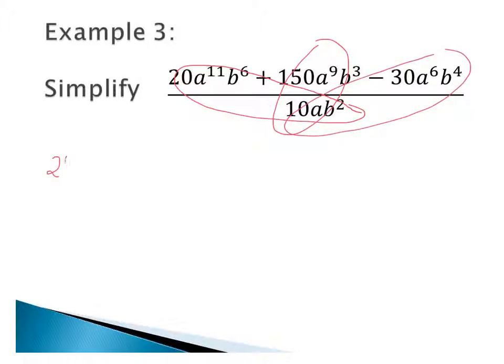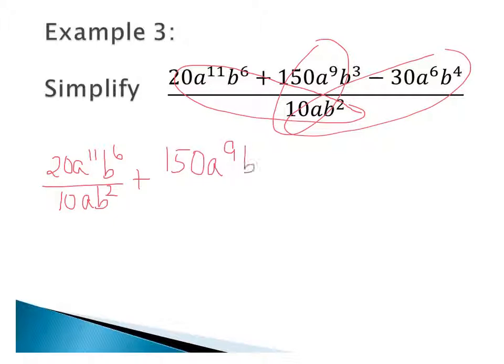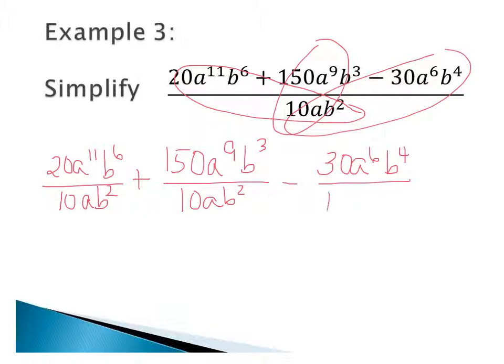We will have 20a to the 11th b to the 6th over 10ab squared, and then plus 150a to the 9th b to the 3rd over again 10ab squared, and then minus 30a to the 6th b to the 4th over 10ab squared.